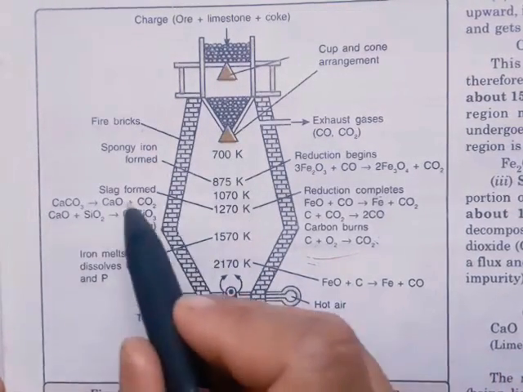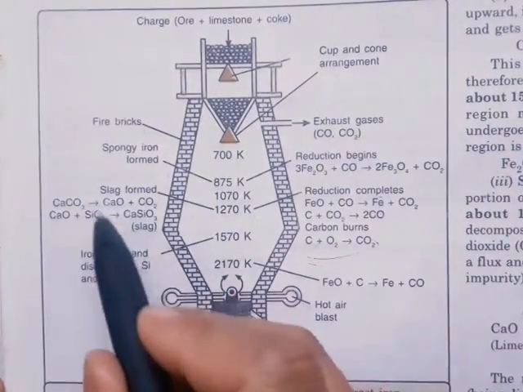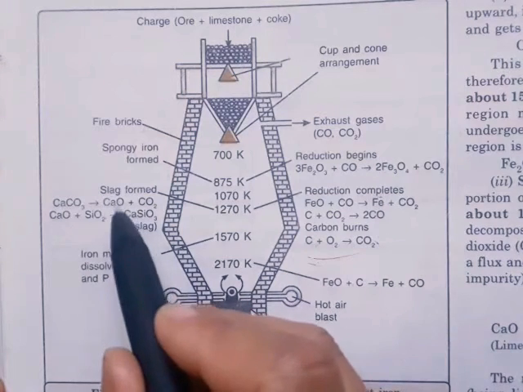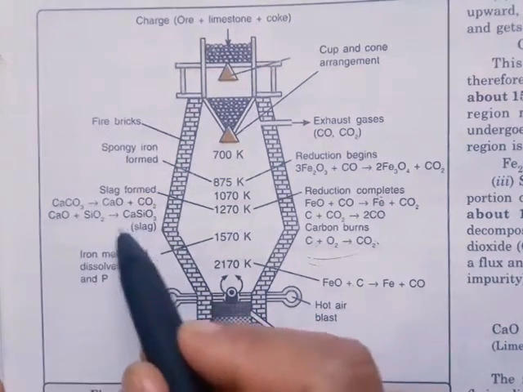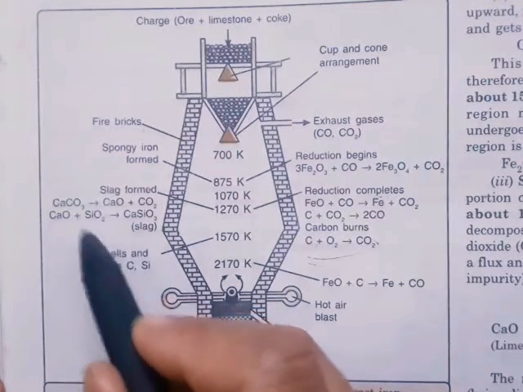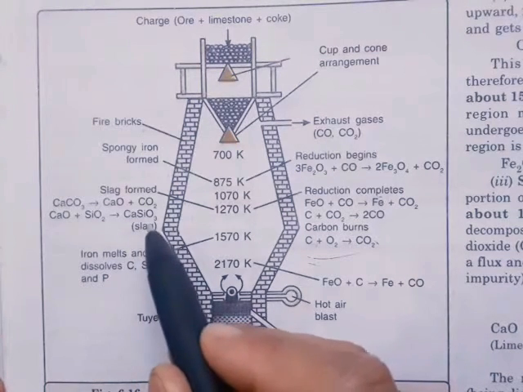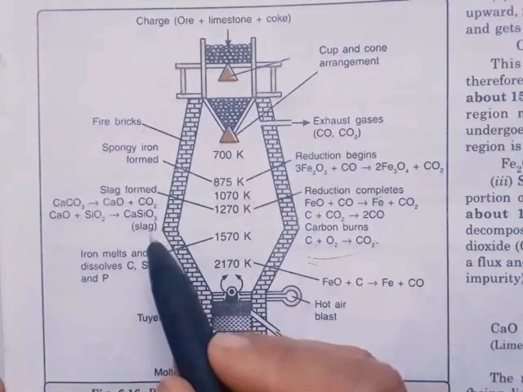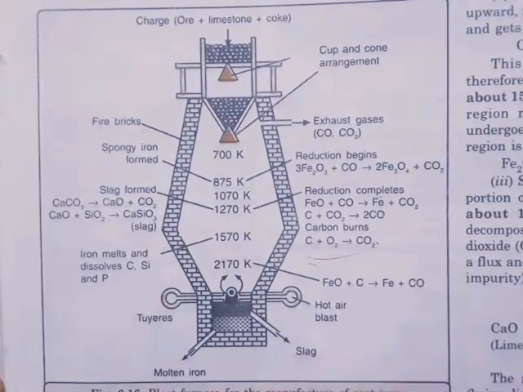Here the limestone will get converted to calcium oxide, which will act as flux. That calcium oxide will react with impurities like silica and remove the silica as calcium silicate slag, which can easily be separated, and it will form a separate layer above the molten iron.